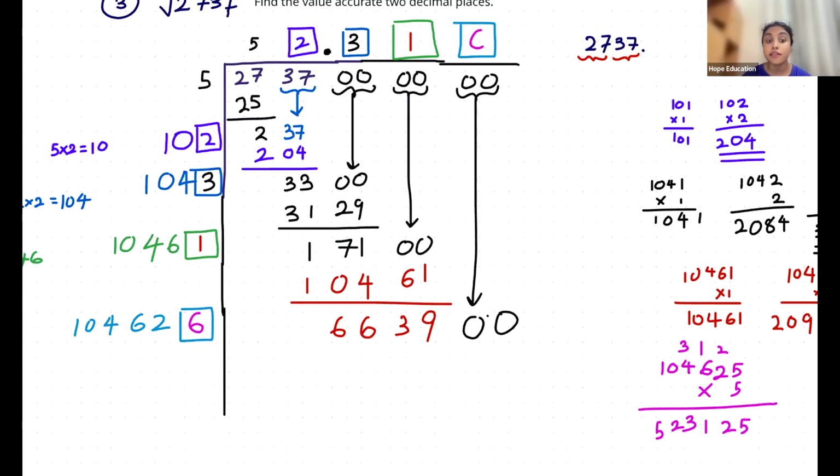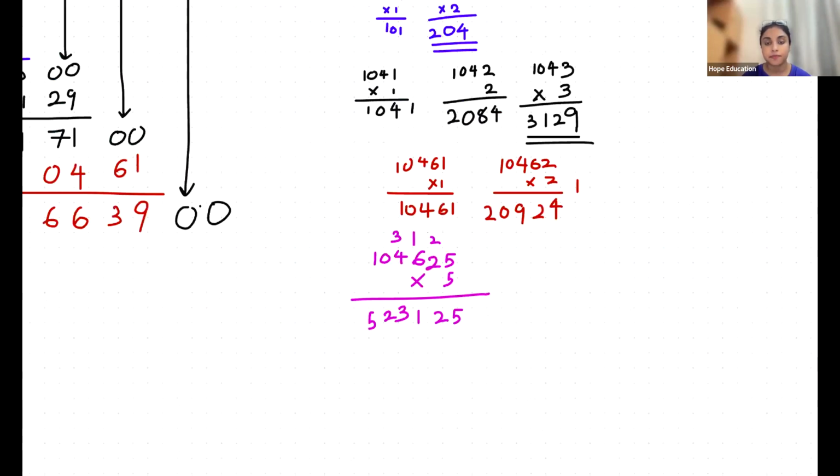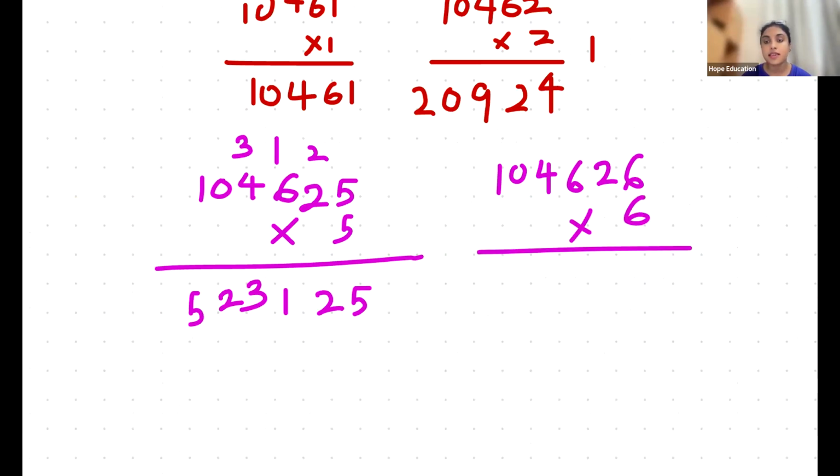So here we have 104,626 multiplied by 6. We'll see. 6 times 6 is 36. 6 times 2 is 12. 13, 14, 15.